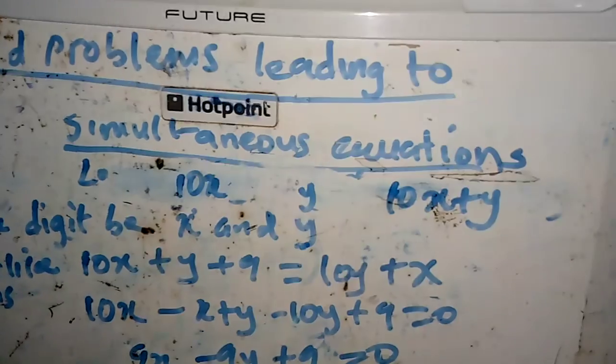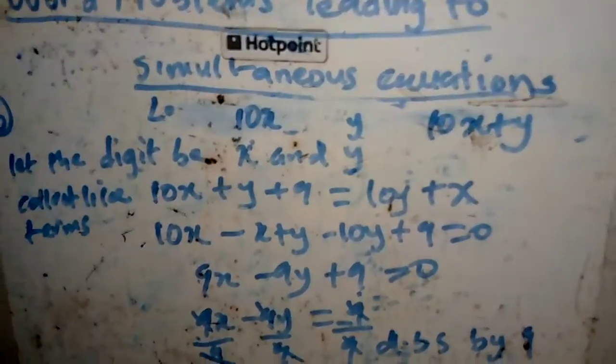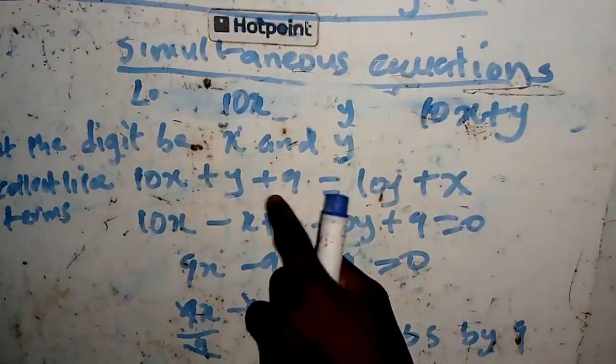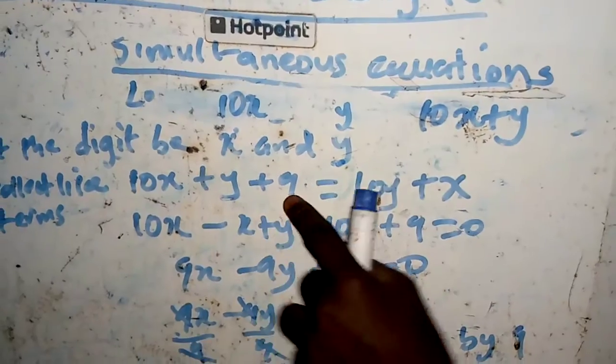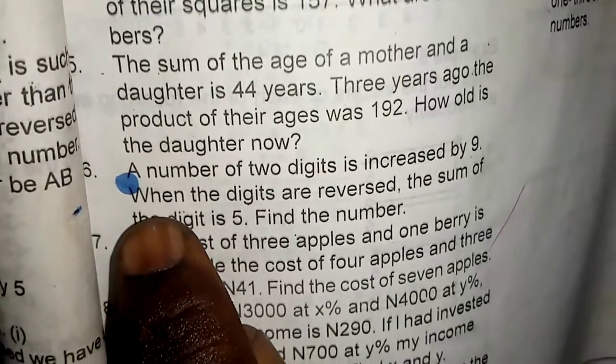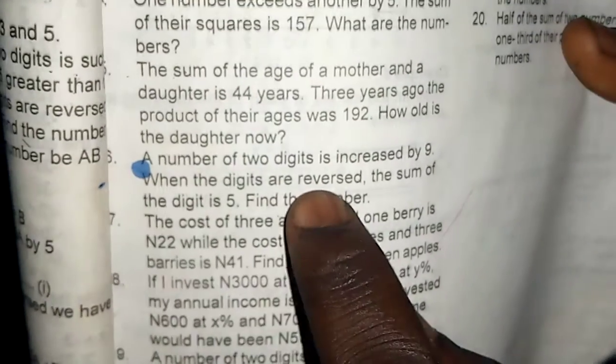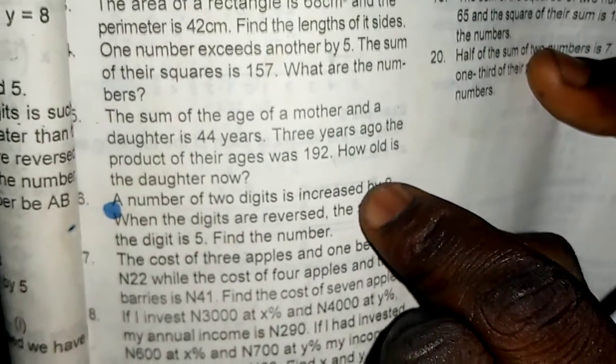Now the question says it is increased. That is, the two digit number is increased by 9, meaning you add 9 to the number, that is 10x plus y plus 9, equals. The question says that when the digits are reversed, the number is added by 9.